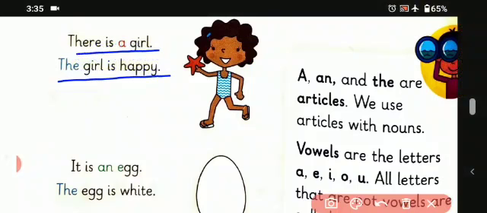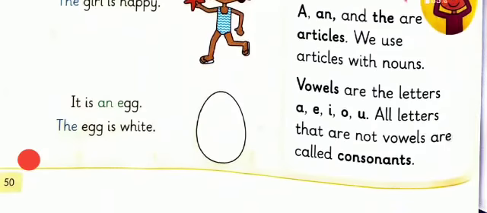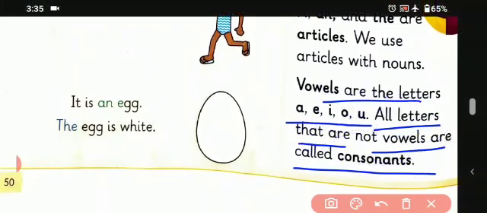Okay. So a, an and the are articles. We use articles with nouns. So all these a, an and the are the articles, and we use them before the nouns. That means vowels are the letters a, e, i, o, u. All letters that are not vowels are called consonants.